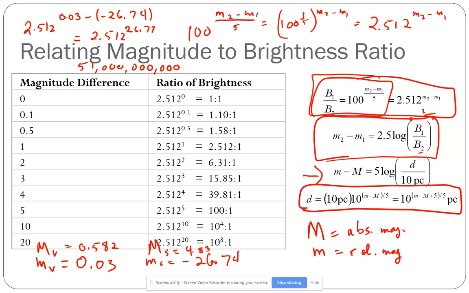And I've run out of space, and I have to write all over everything. But so this here was the brightness of the sun divided by the brightness of Vega.